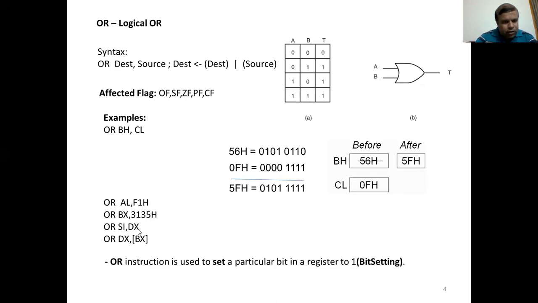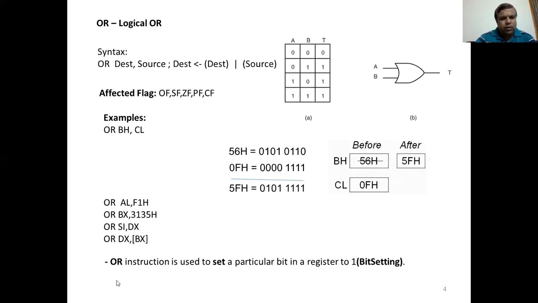OR SI, DX, a word stored in the SI register is logically ORed with a word stored in the DX register. OR DX, [BX]: DX is a register here, and the source operand is a memory location. A word stored in the DX register is logically ORed with a word stored in the data segment memory location whose offset address is stored in BX.